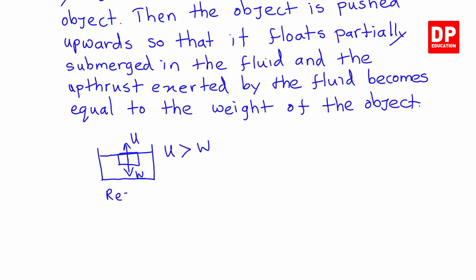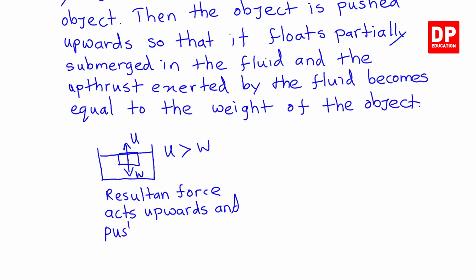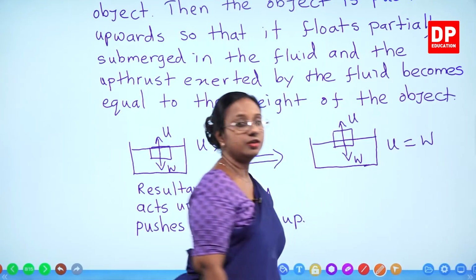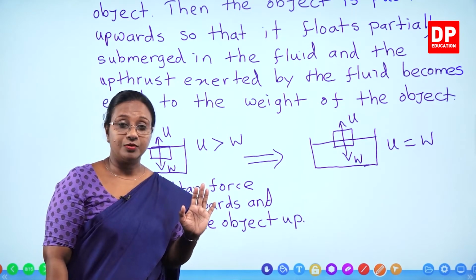So here the resultant force acts upwards and pushes the object up. So therefore it becomes like this. Now the weight is down, upthrust is up, the upthrust equals the weight of the object. So is it clear now?